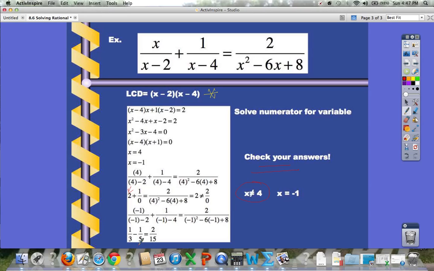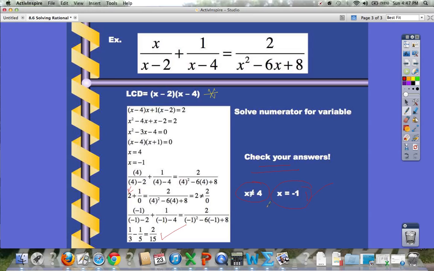Then you get this over here, which will become 2 over, and you plug in your negative 1. Be careful when you're plugging in, because if it's a negative, it makes a difference if you don't use parentheses. So this will become 15. So this becomes 1/3 minus 1/5. Does that equal 2/15? When you check that, it does work. So the only solution that worked was x is negative 1.